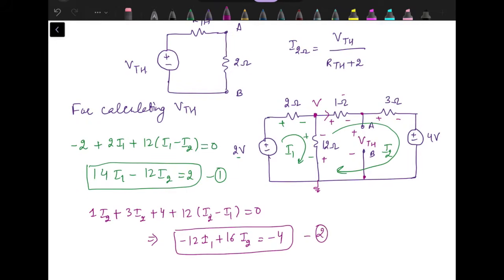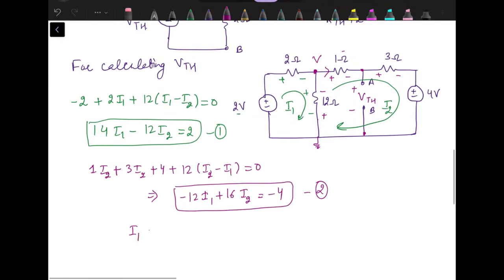The simultaneous solution of these two equations will give us the values of I1 and I2. I1 comes out to be minus 0.2 ampere and I2 is minus 0.4 ampere. Now the question is we need to find the value of VTH. For that, let's choose this path. Starting from the 3 ohm resistance, we have 3 into I2 plus 4 minus VTH.